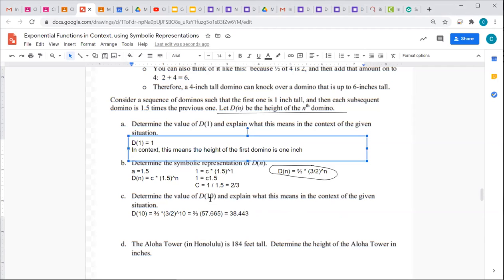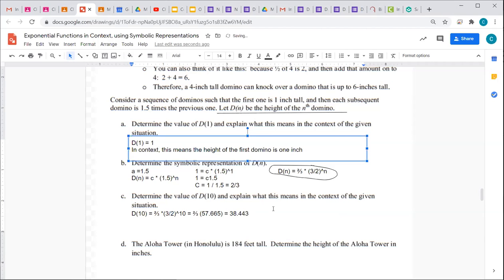Well, I remember this means the input is 10 and the output is 38.433. So the input is 10. Input is the number of the domino. So this is the 10th domino. This is the output, and it's the height in inches of that domino.